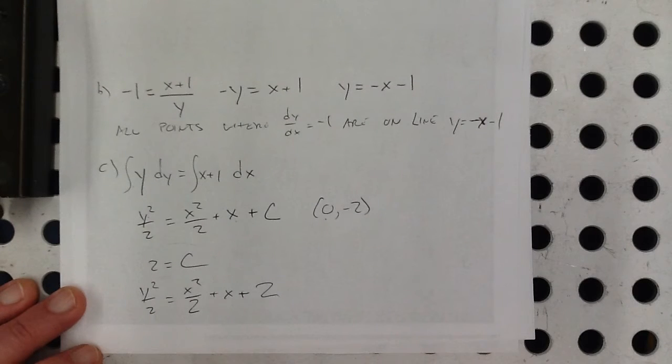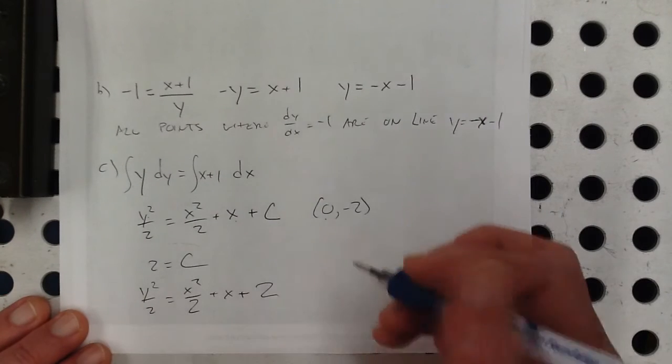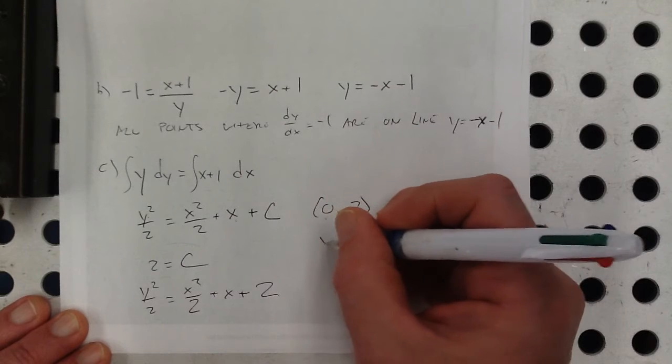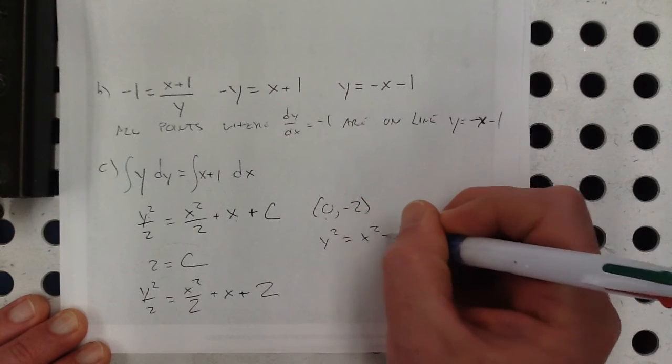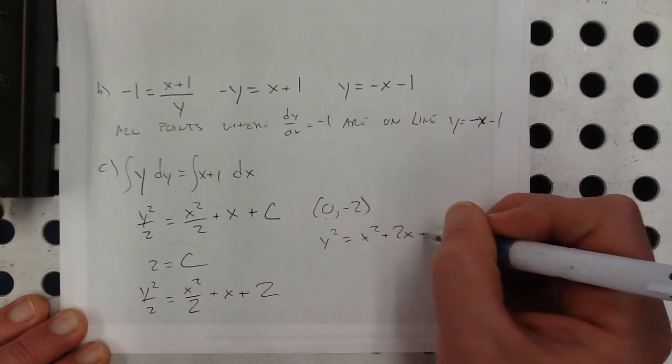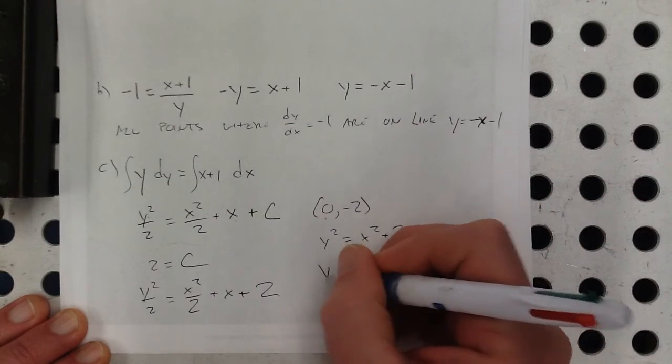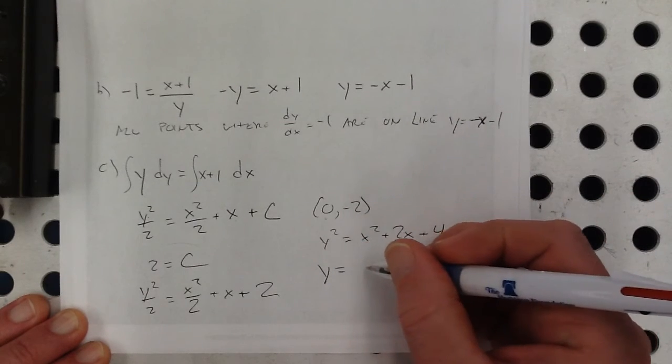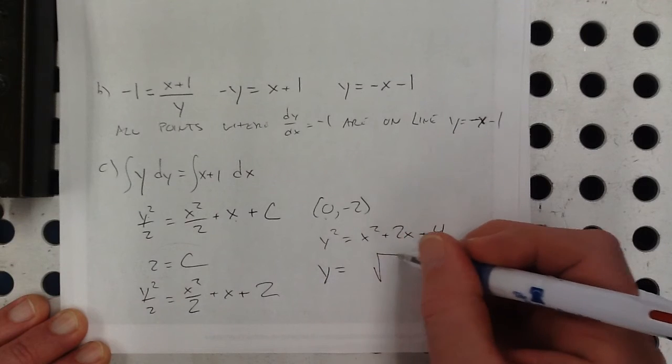And we should solve this for y. So I'm going to multiply through by 2. Y squared equals x squared plus 2x plus 4. And then y is equal to plus or minus, I'm just going to hold off for a second.